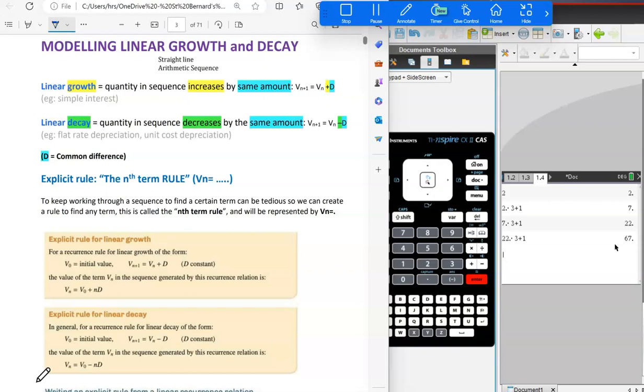So when we have a financial situation that is linear growth, if we graphed it, we'd see the value over time, so how many periods of time, go up in a straight line. And that is because the same amount is being added. Like that situation at the start with Johnny, where he was adding 250 all the time.